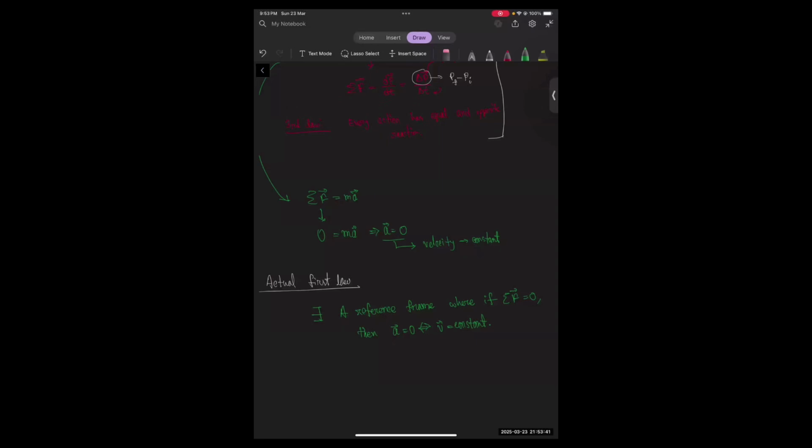So it doesn't say that if net force is 0, velocity is always constant. It says there is a specific reference frame where, if the net force is 0, your velocity will be constant. And these reference frames, we call inertial reference frames.